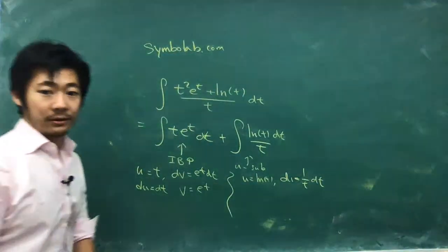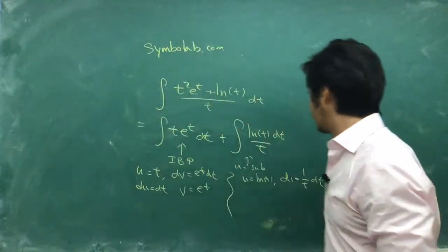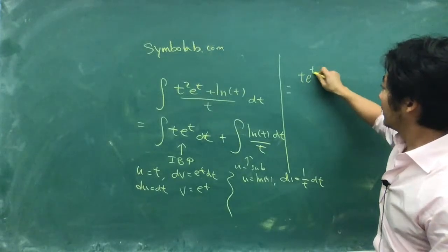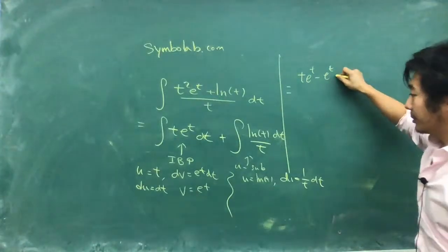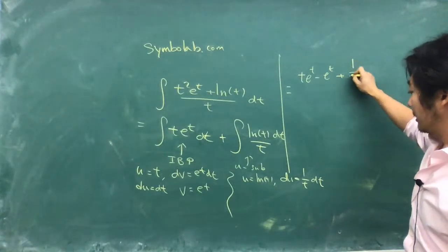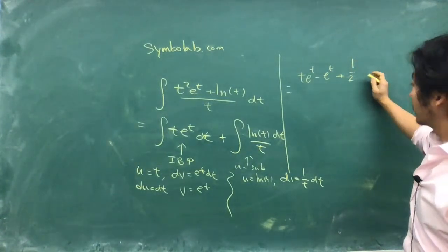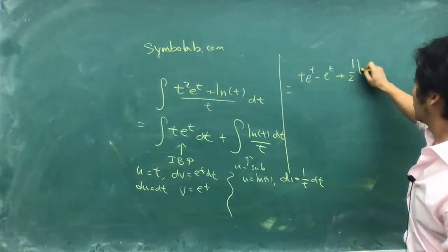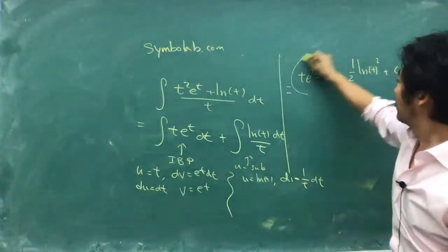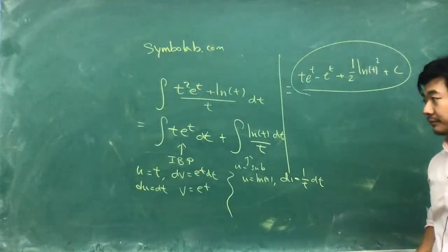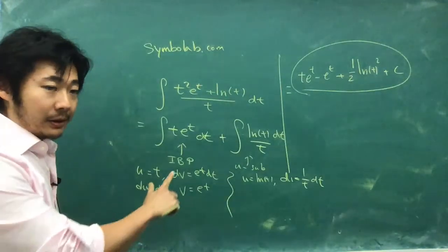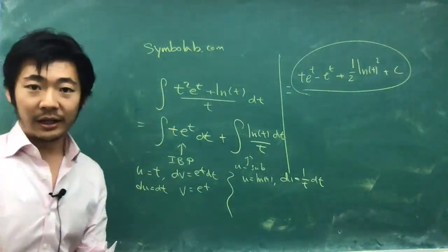When you do that, the answer will be t e to the t minus e to the t plus 1/2 natural log of t squared plus c. So the trick was to split up the sum and not try to do it all at once.